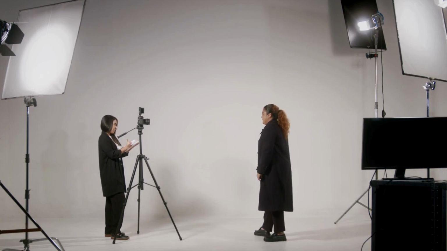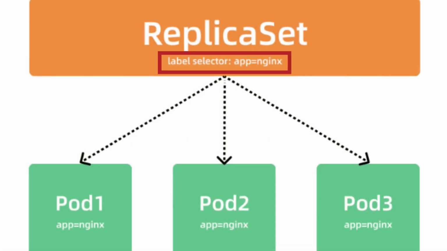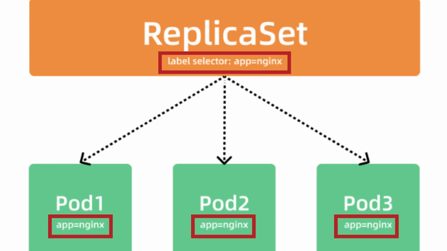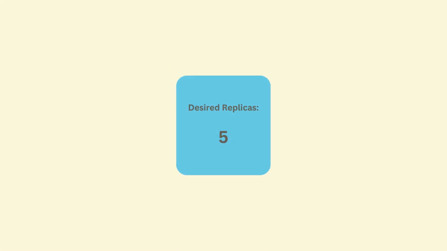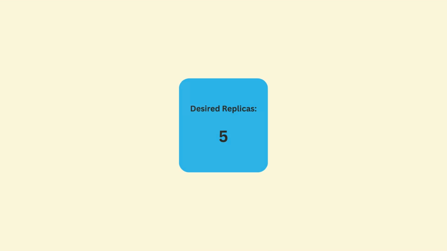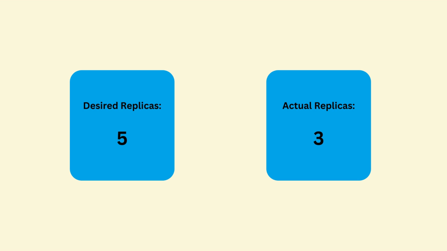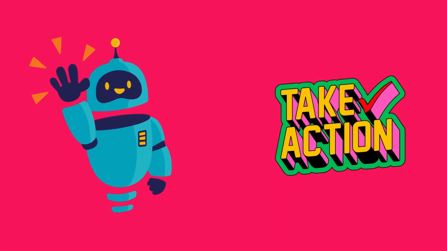Let's get into how a replica set works behind the scenes. A replica set uses a selector to identify which pods it should manage. The selector is a set of labels that match specific pods. Whenever there is a mismatch between the desired state, that is the number of replicas, and the actual state, the replica set takes action.